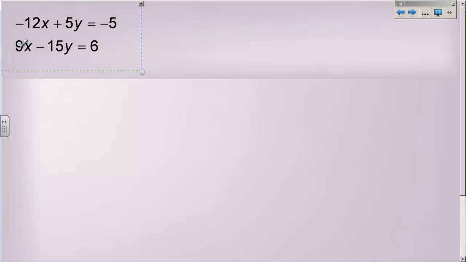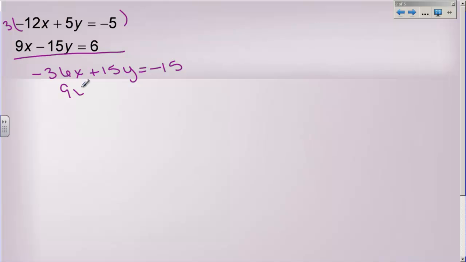I happen to know that I can multiply 5 times something and make it equal 15 a lot easier than I can multiply 9 times something and make it equal 12. So I'm going to take this top equation and I'm going to multiply it times 3. So I end up with negative 36x plus 15y equals negative 15. And then the bottom equation stays the same. And so I can add them up. These cancel.